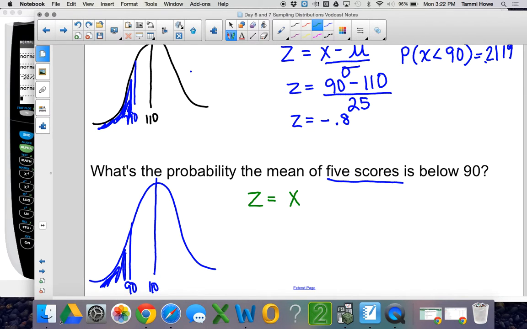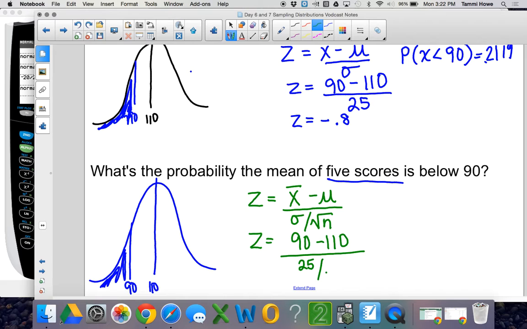We're going to use an x bar right here because we're finding the mean of 5 scores rather than an individual score. Minus mu. And since this is using the central limit theorem, this is not going to be sigma. It's going to be sigma divided by the square root of n. So z equals 90 minus 110 over 25 divided by the square root of 5.